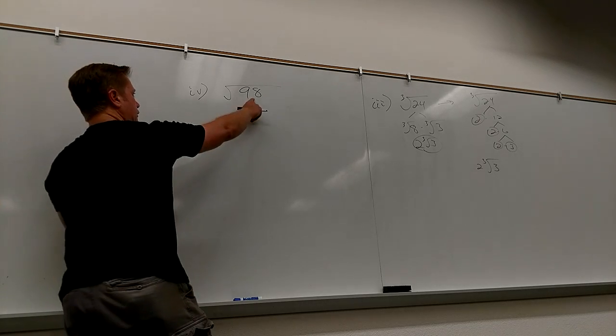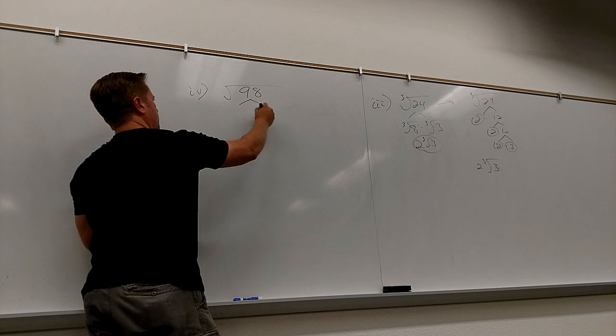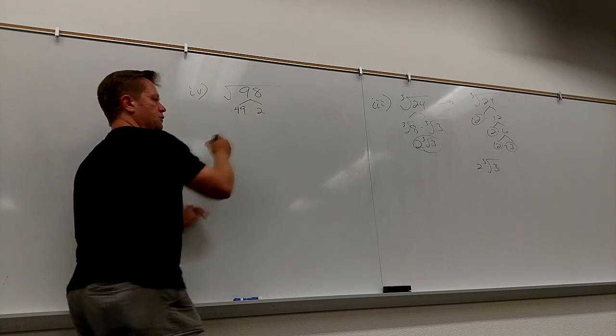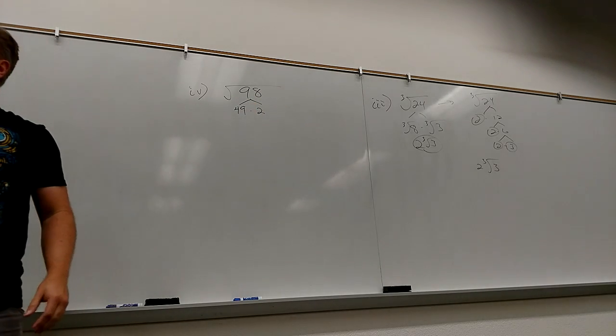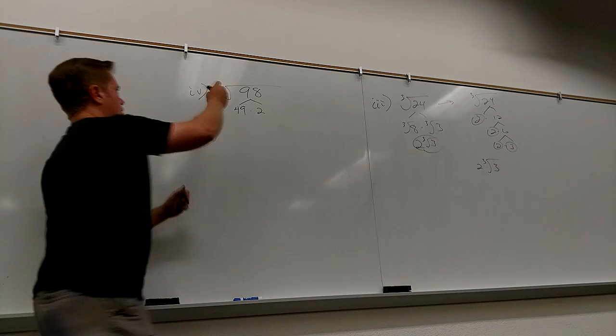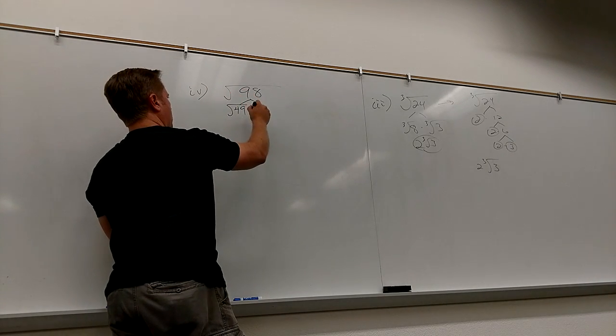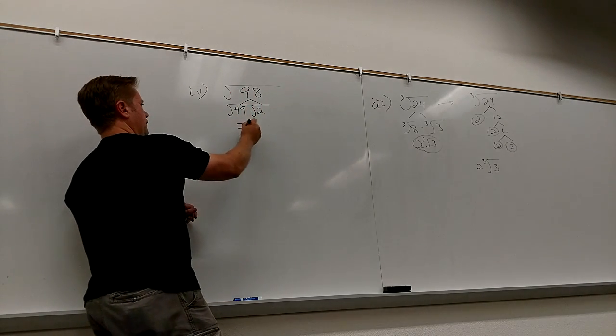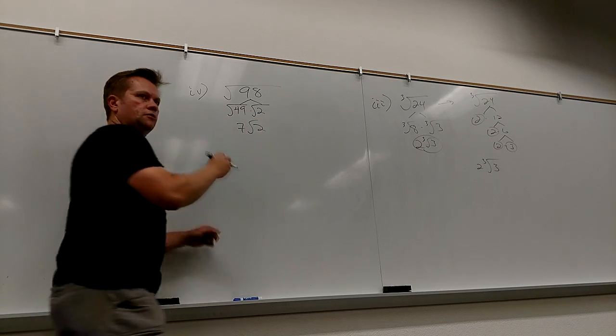Again, it's even, so you can think, well, let me try to split up as 2 times something, and it's 2 times 49, and what's nice about 49? So the square root of 98 is the square root of 49 times the square root of 2. Square root of 49 is 7. Square root of 2 is, I don't know.